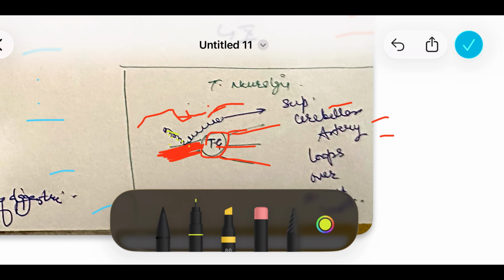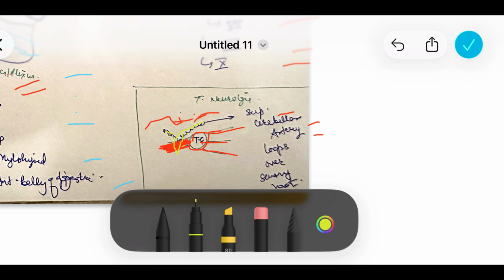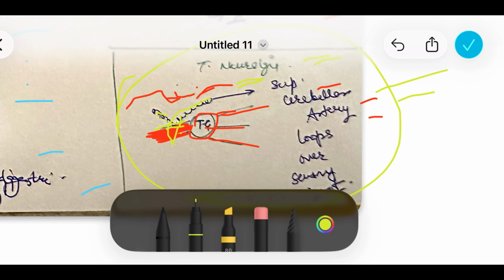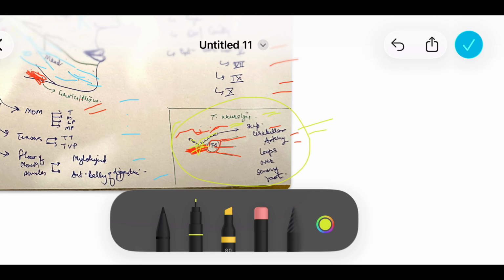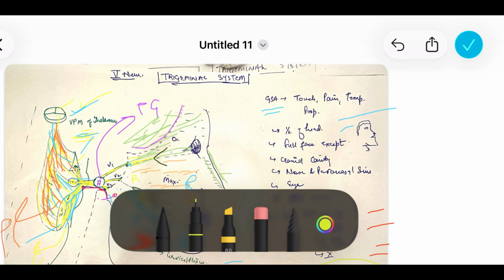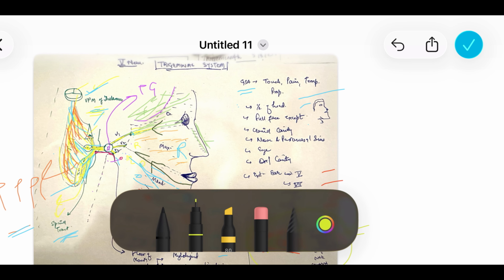So this superior cerebellar artery loops over the sensory root while passing over this. This is the most common cause of trigeminal neuralgia, because of which there is compression on the root or some nerve damage. Trigeminal neuralgia we'll take in a separate video. This is all about the trigeminal system.